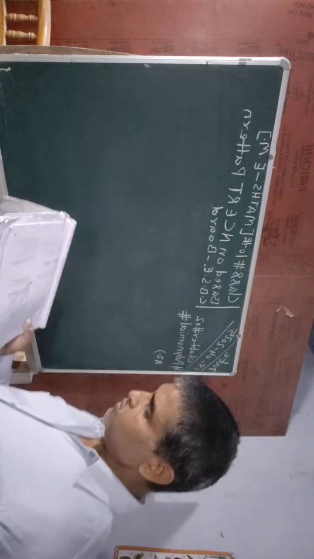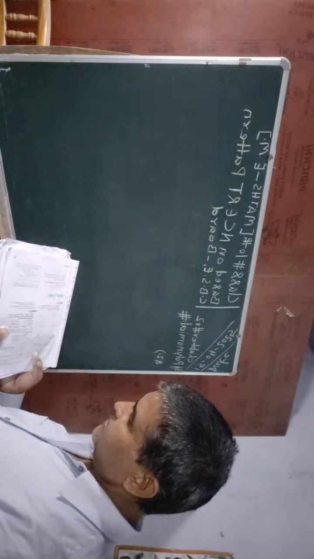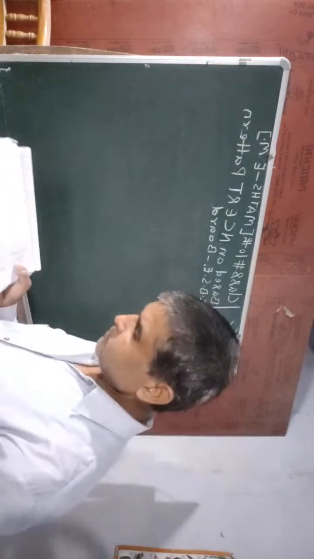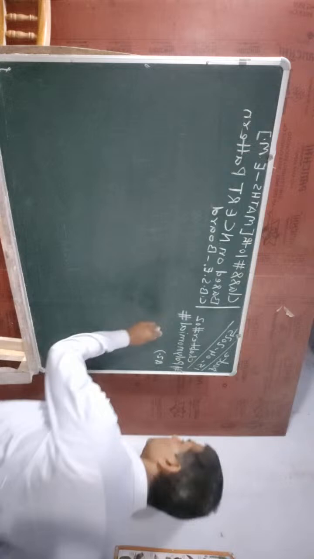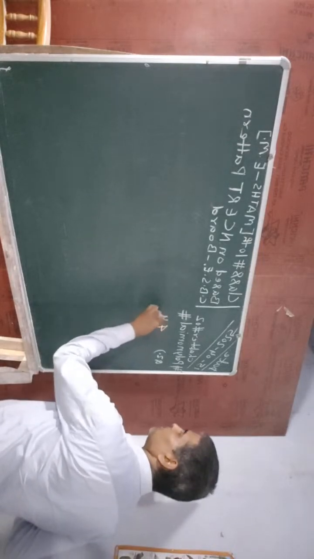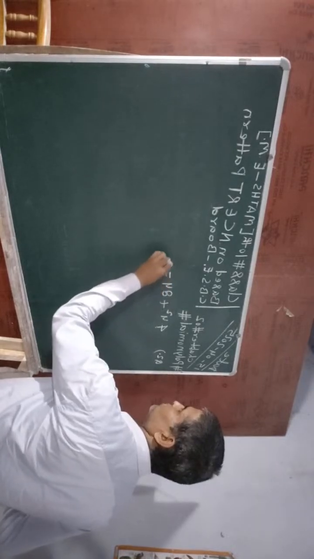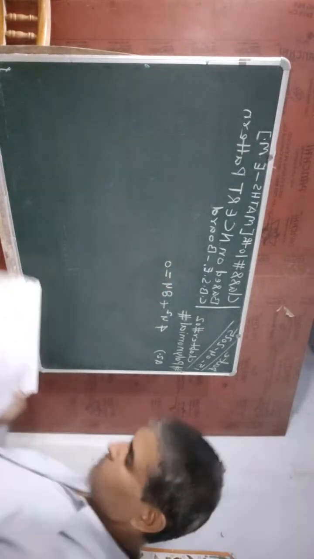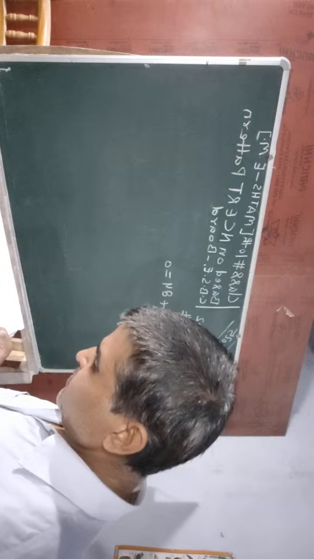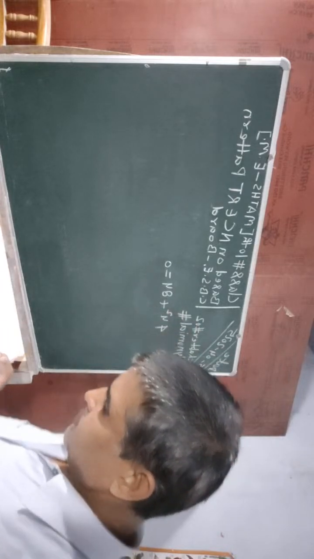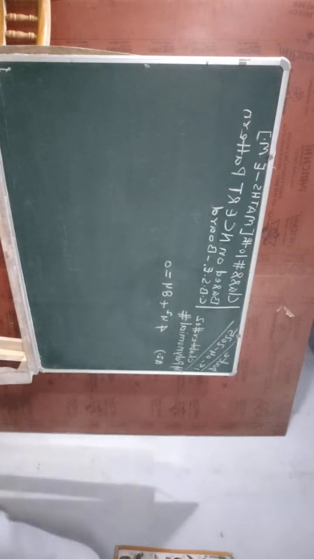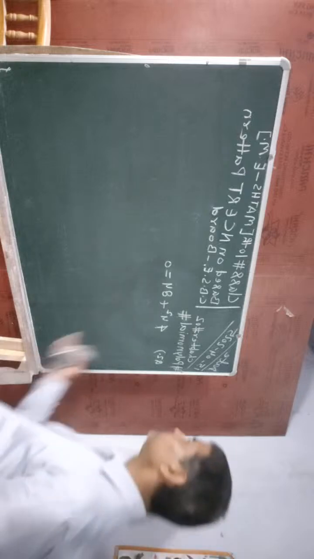Now the second polynomial is given like this: 4u square plus 8u, which is equal to 0. Okay, student, you concentrate here.